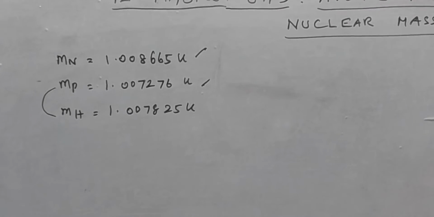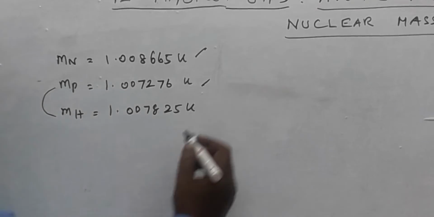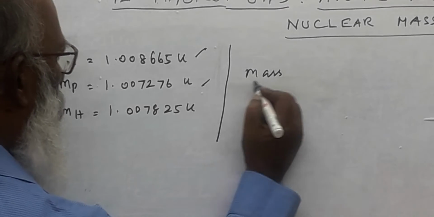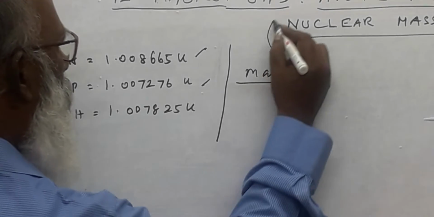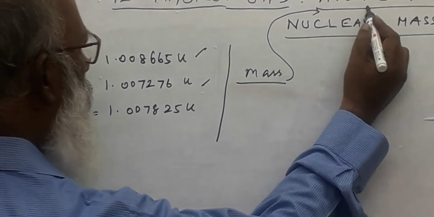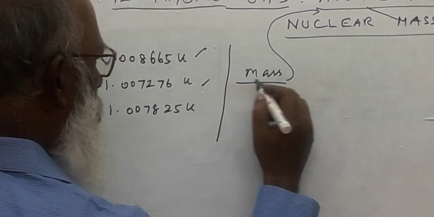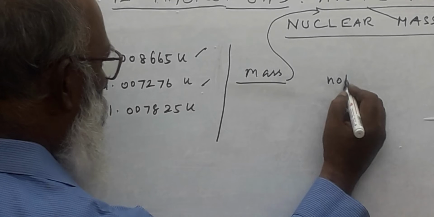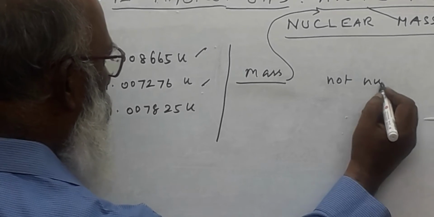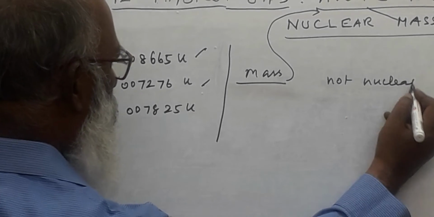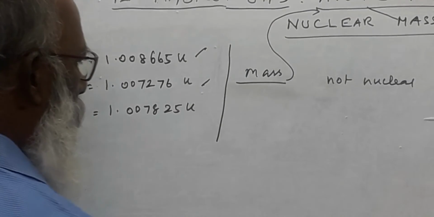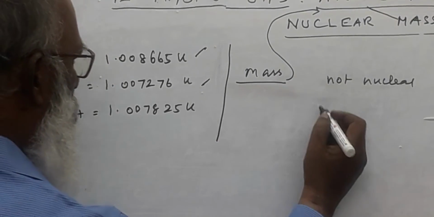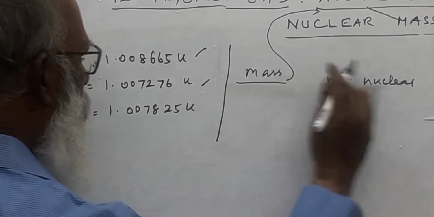Now, when we generally say mass, it denotes the atomic masses, and not nuclear masses. If you say mass in general, it means atomic mass. It is not mentioning nuclear mass itself.